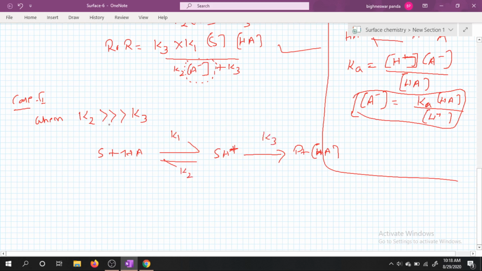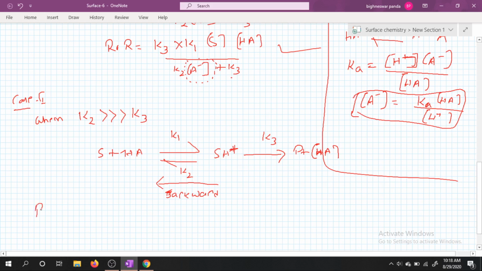If K2 is very much greater than K3, the reaction will move in the backward direction. So if K2 is very much greater than K3, that means K3 is negligible.